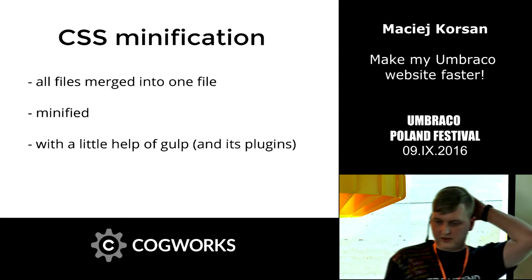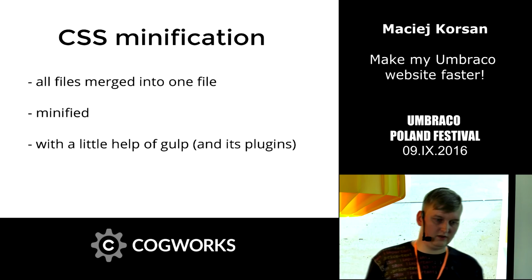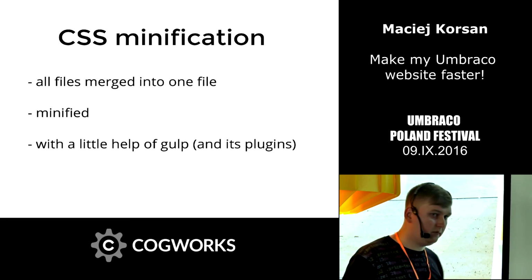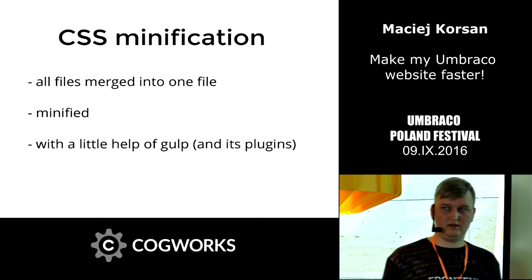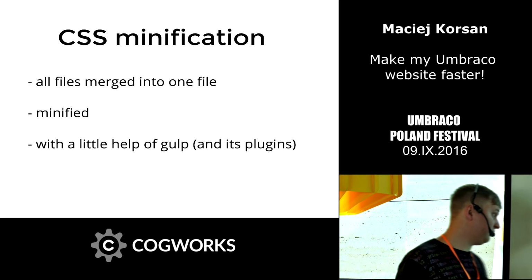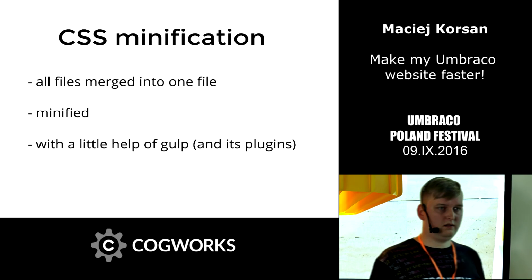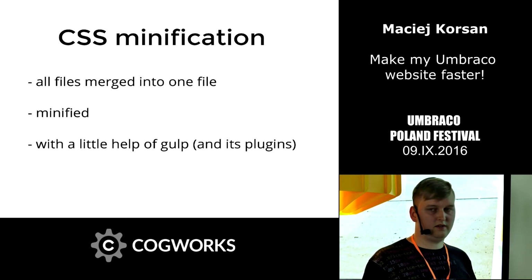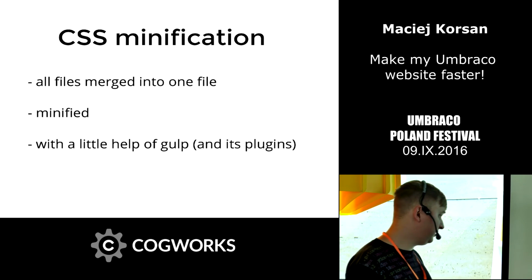Next thing is CSS minification. To do this, I'm merging all CSS files. It doesn't matter if it is my styles or some plugin styles, because you've got so many packages for assets and so on.